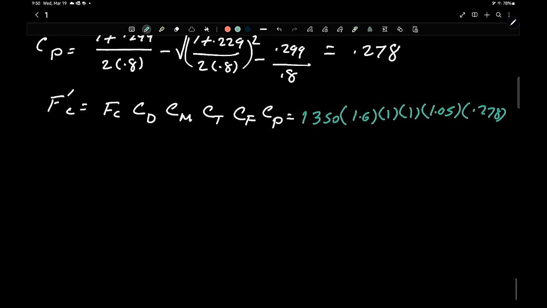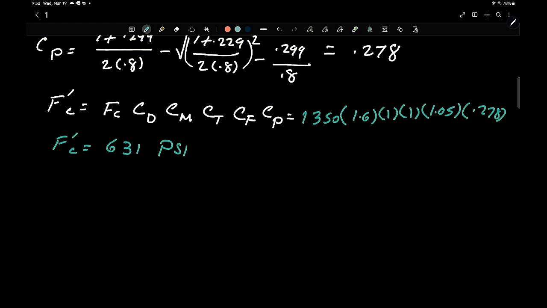So now our F prime C comes out to be 631 psi. That's the compression capacity, the compression stress.